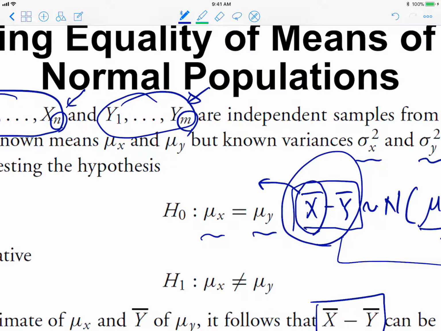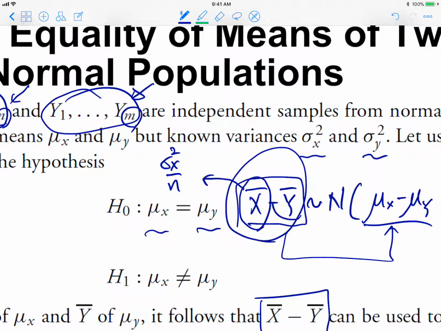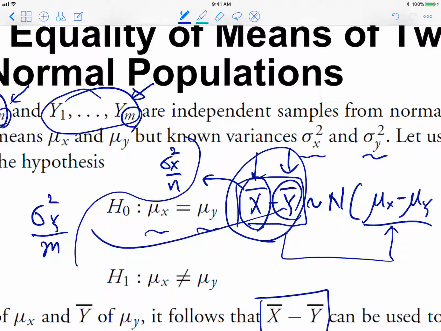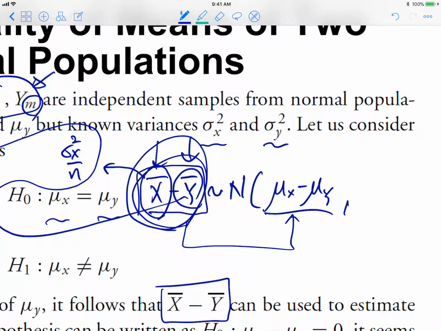So in this case, it will have the variance sigma x squared divided by n, and this one will have sigma y squared over m. And since these two are independent, the sum of these two will be the variance of this statistic, right?